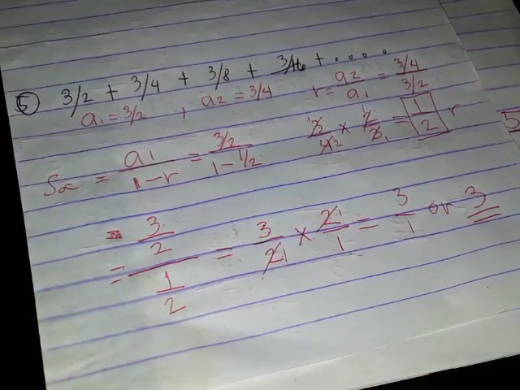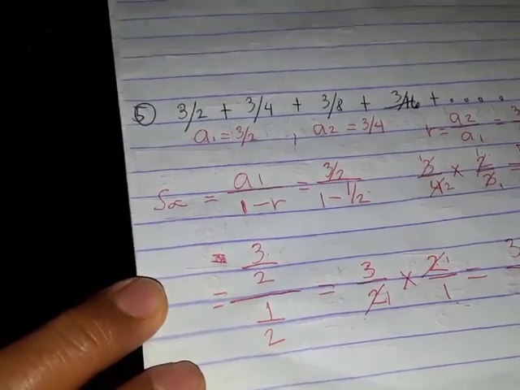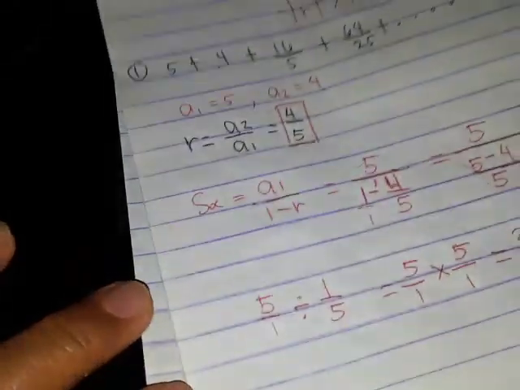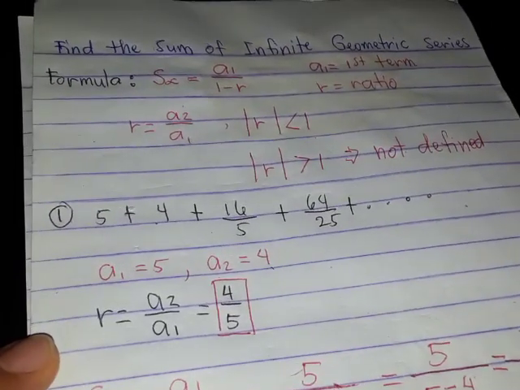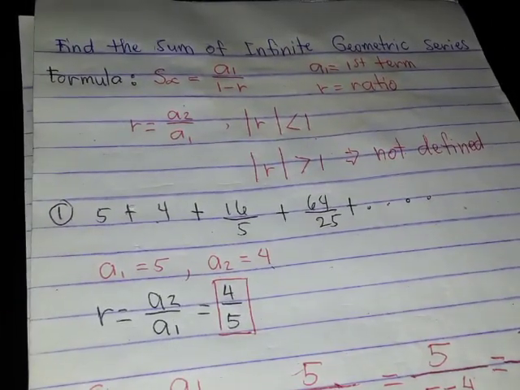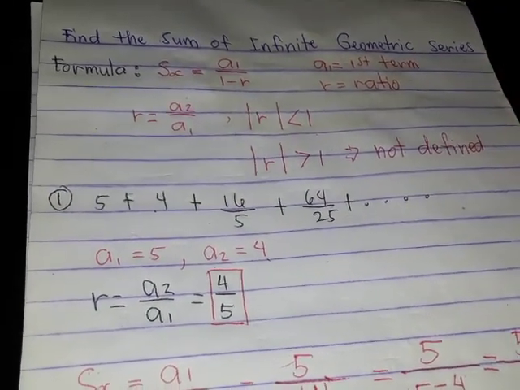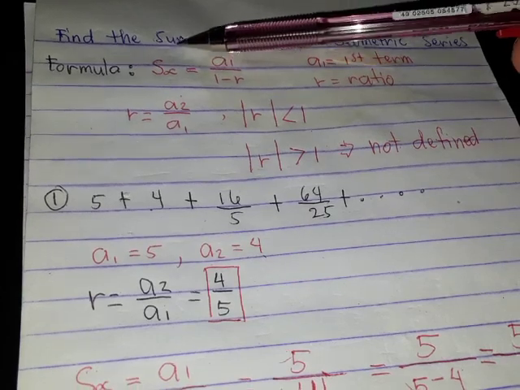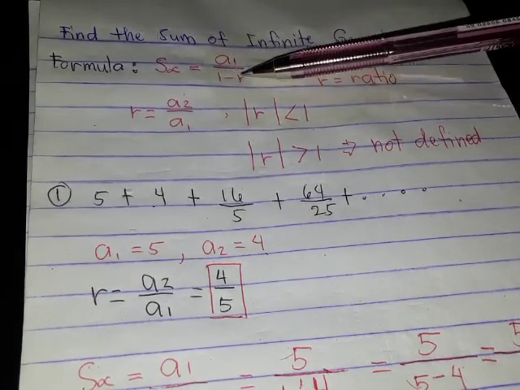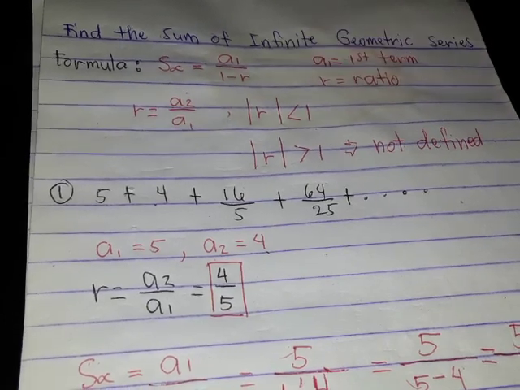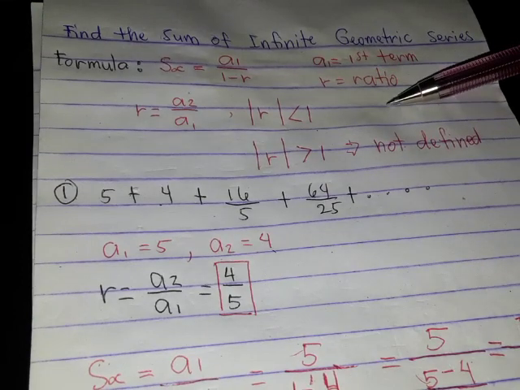Okay. So, ganyan lang po kasimple ang pagkuha ng sum of infinite geometric series. So, i-wrap up lang natin. Ang formula for infinite geometric series, we have S infinity is equal to A sub 1 over 1 minus R, wherein A sub 1 is our first term and R is our ratio.